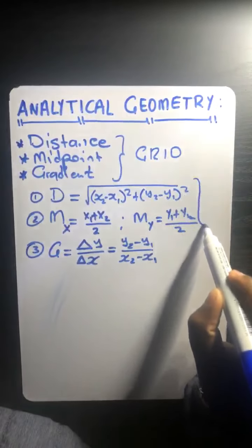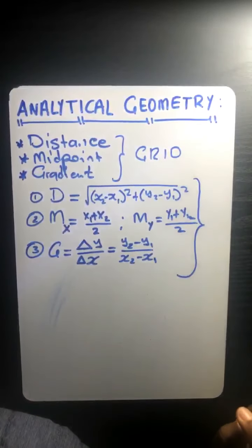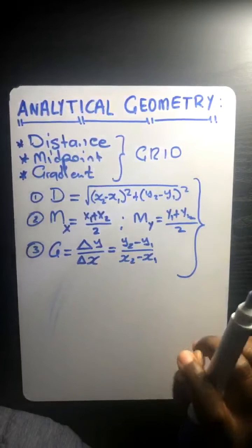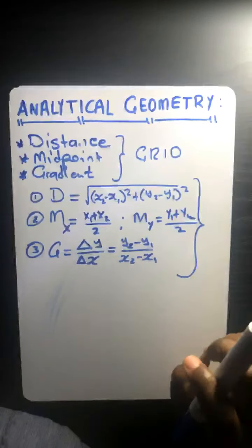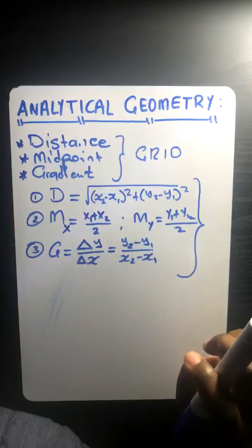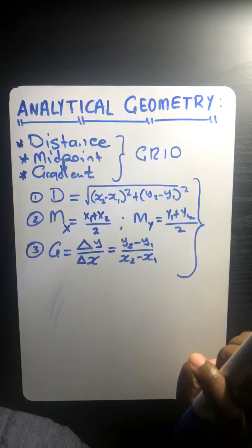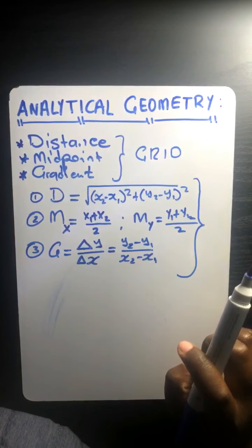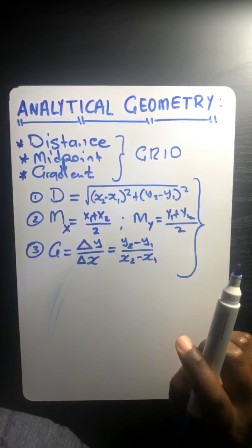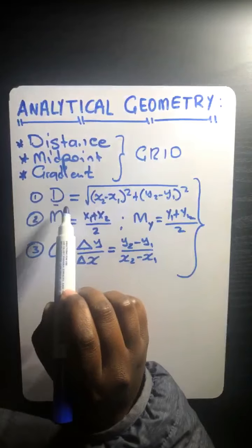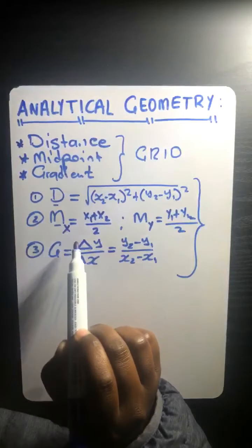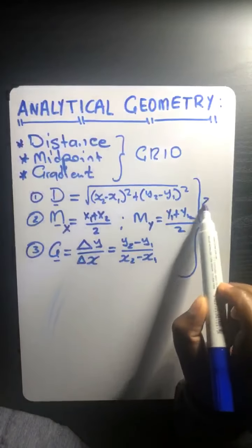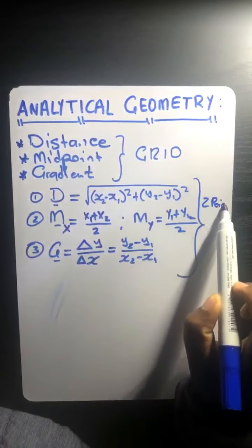Something very much important that I want you to notice in number 1, number 2, number 3: to calculate either the distance, the midpoint, or the gradient, you always need 2 points.